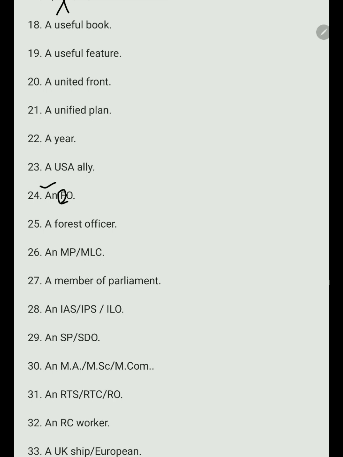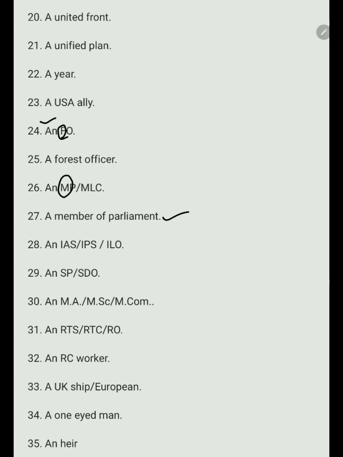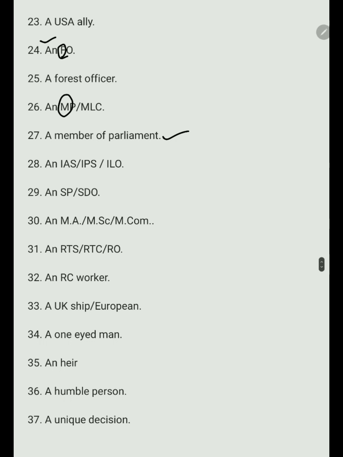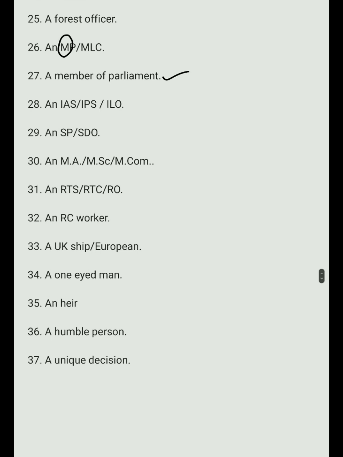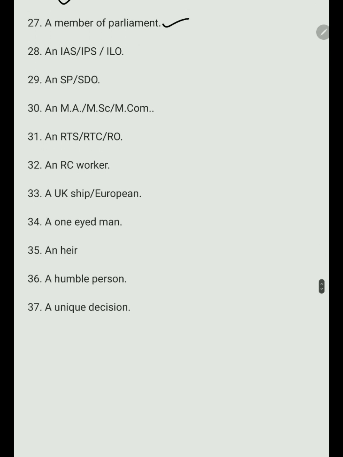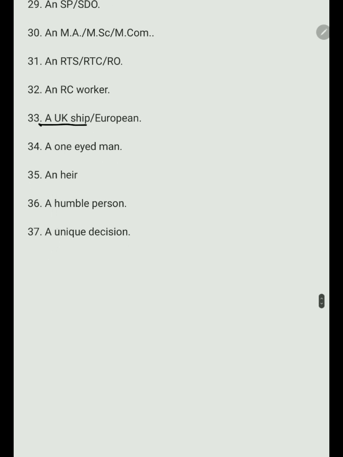A forest officer, a member of parliament, an IAS or an IPS or an ILO, an SP or an SDO, an MA, MSc, MCom, an RTS, an RTC or an RO, an RC worker, a UK ship, a one eyed man, a humble person, a unique decision.